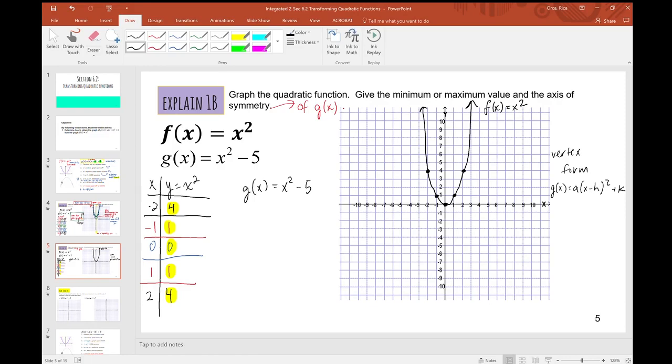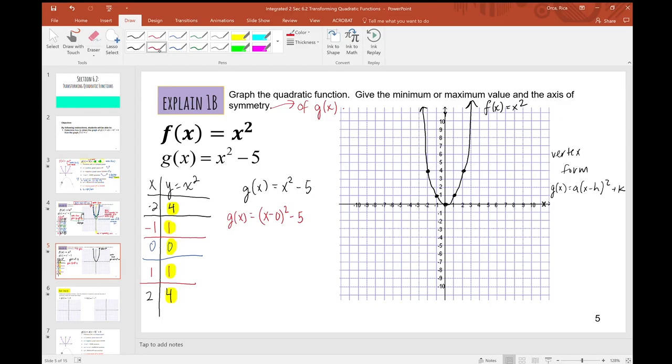So if I rewrite this, that minus 5 is not in parentheses, so that minus 5 is going to go outside. G of x equals, that's going to give me x minus 0 squared minus 5. X minus 0 is the same thing as x. So x minus 0 squared minus 5.